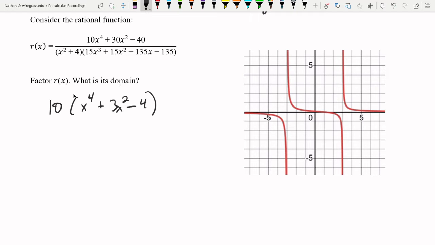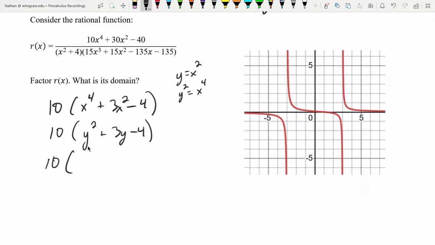This is a quadratic in form. I could say, for instance, y equals x squared, then y squared equals x to the fourth, and I can rewrite that as y squared plus 3y minus 4. That just allows me to see that this is indeed a quadratic. I can factor it using a quadratic in form. That's going to be y plus 4, y minus 1.